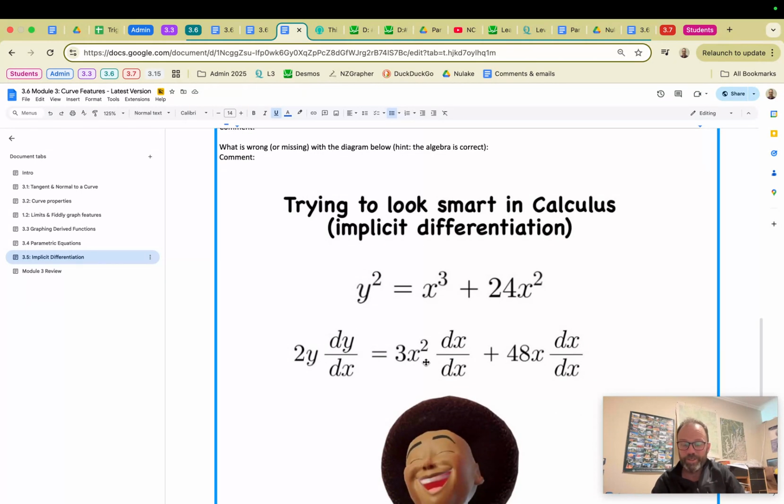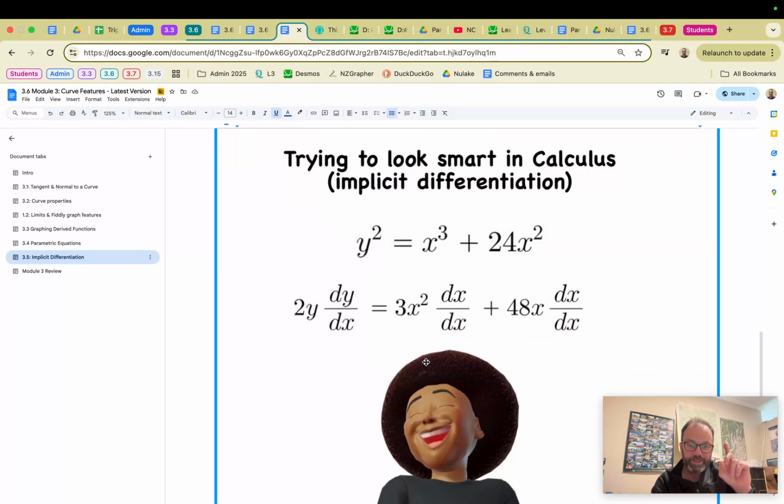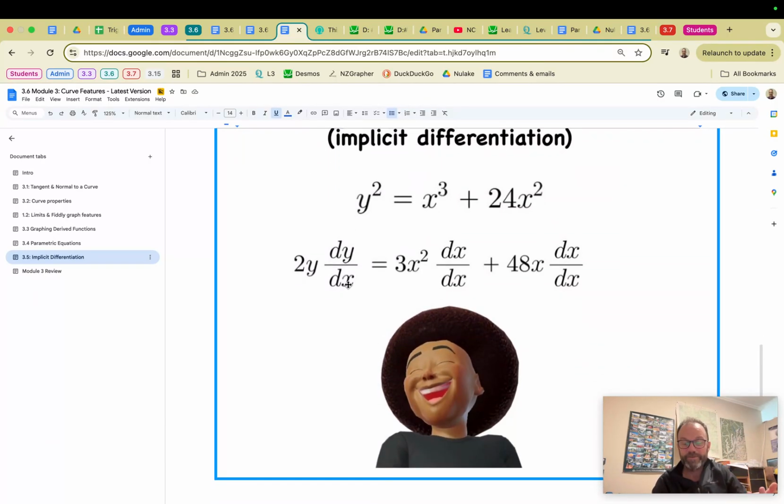This algebra is good, but as you'll see if you go through it, something's missing. The person who made this hasn't finished it off. We need to group all the dy by dx on one side and push the other stuff over there, and get a relationship. So he shouldn't be laughing yet. He hasn't quite finished off his algebra.